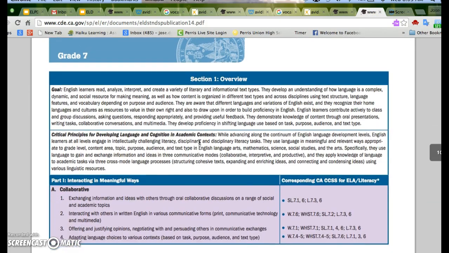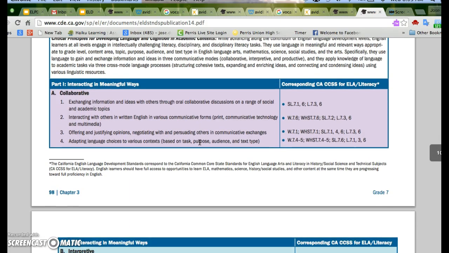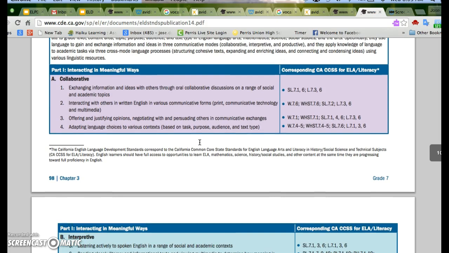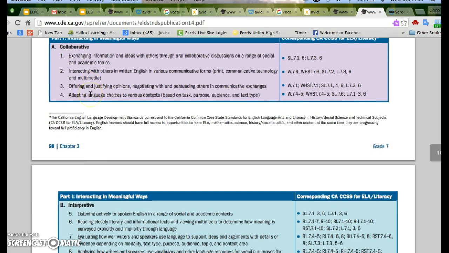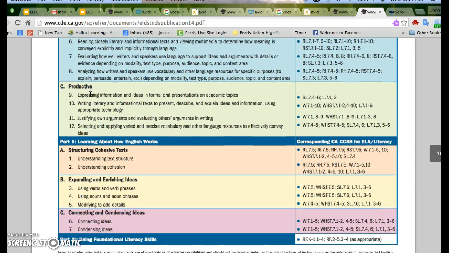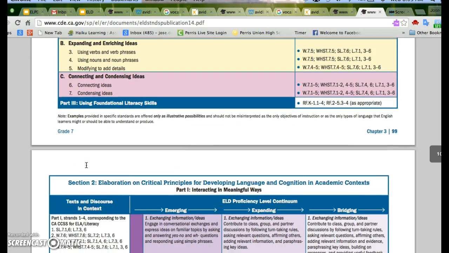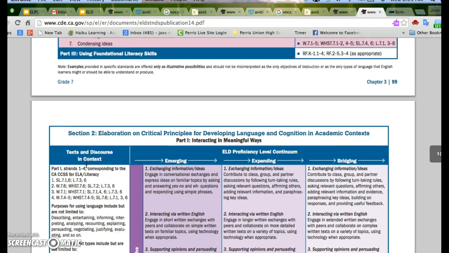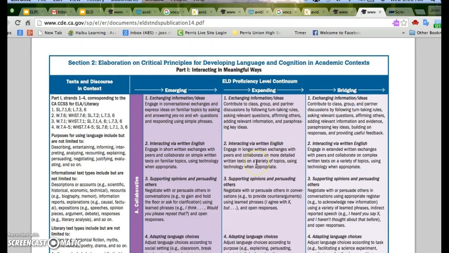This is grade 7, and you have your section overview in this document, and you're breaking up into 3 parts for your ELD standards, and these are broken up into strands, and they're called collaborative, interpretive, productive, structuring, expanding, connecting, and then they're broken up into the different development ranges of each strand, and depending on where your kids are or where your lessons are, your kids are either emerging, expanding, or bridging concepts and ideas.